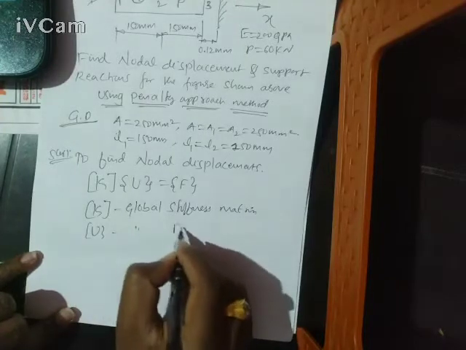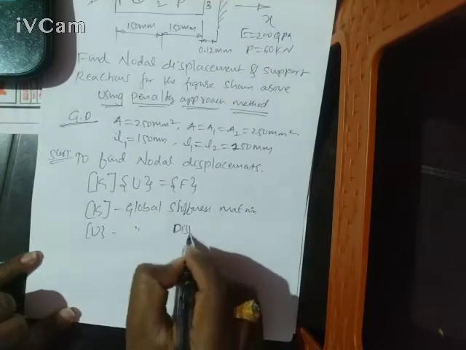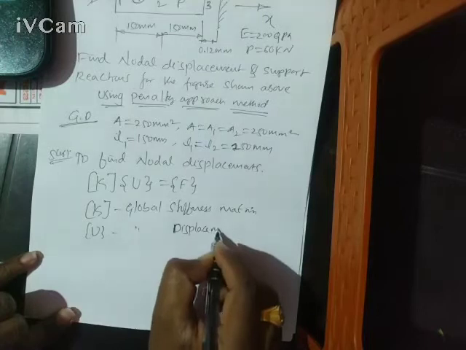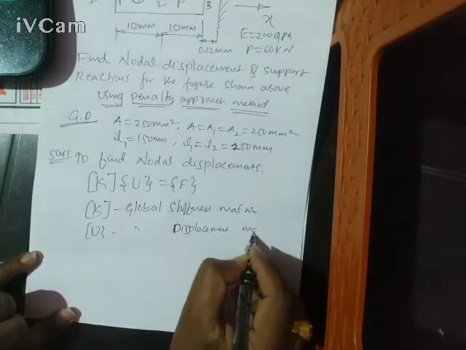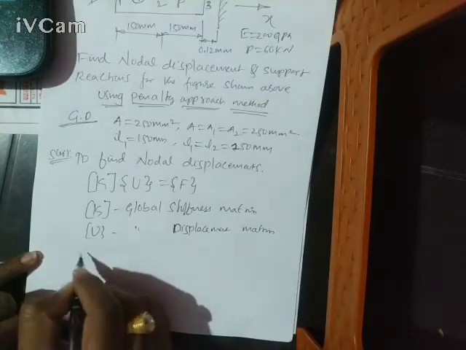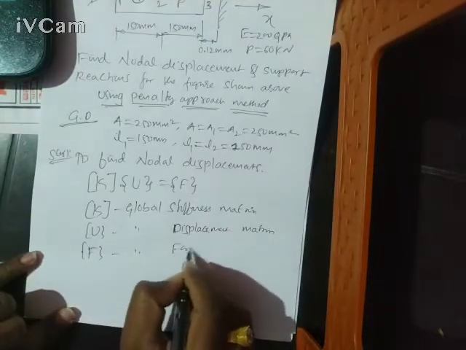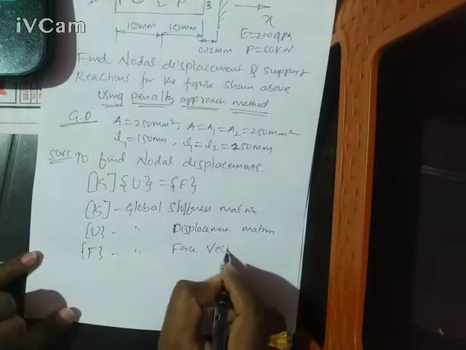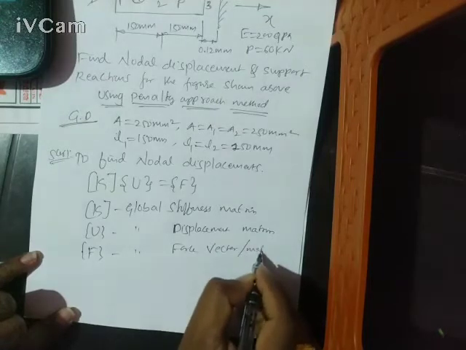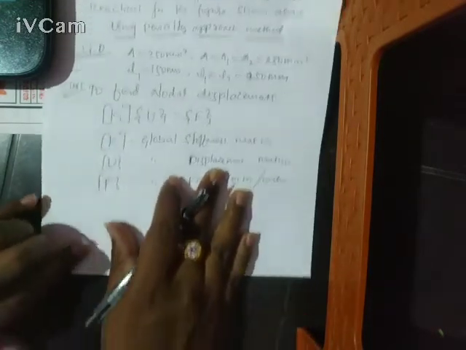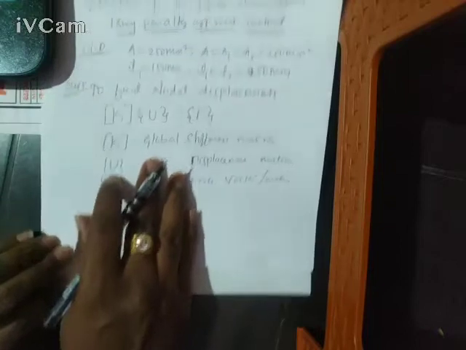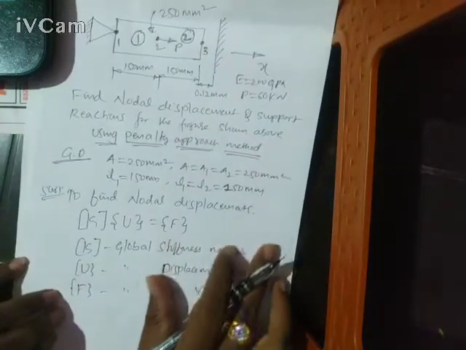U is the global displacement matrix, and F is the global force vector or matrix. So fine. Look at this sketch.